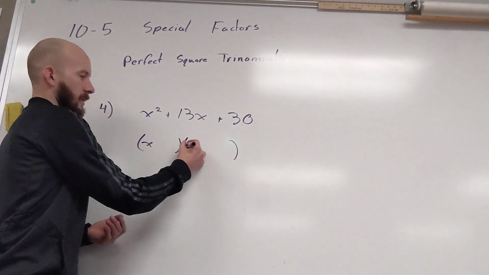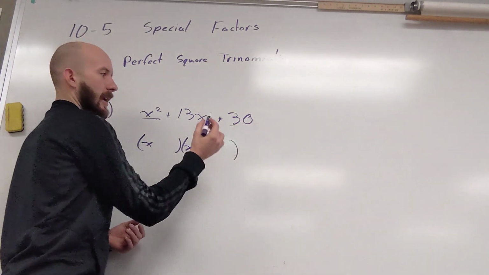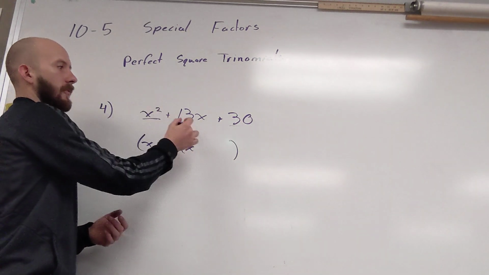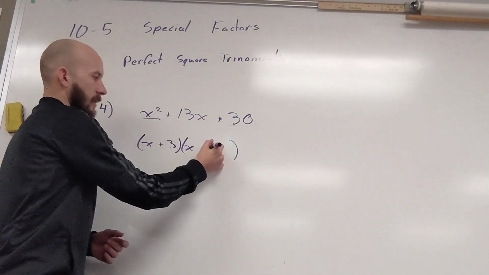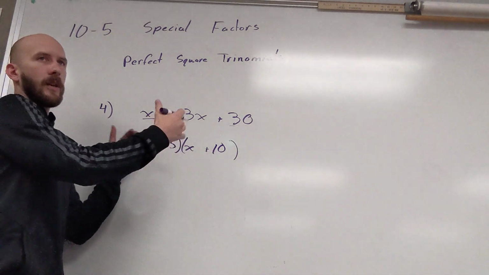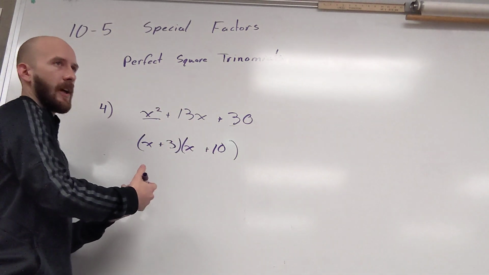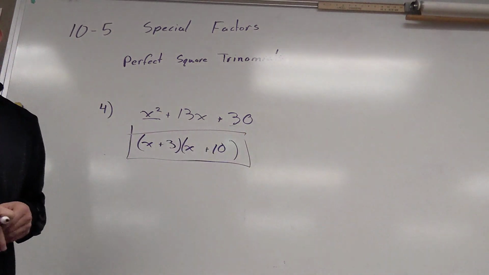Just x and x. That's where we get the x squared from. And then I need two things that multiply to be 30. And if there's no number in front, they are going to add to be 13. 3 and 10. Okay, plus 3, plus 10. Now, if those are not the same, then we can't simplify it as being squared. So you're just going to circle that.